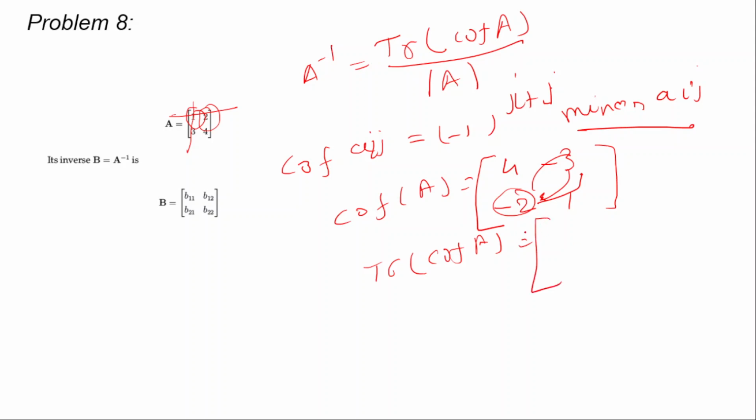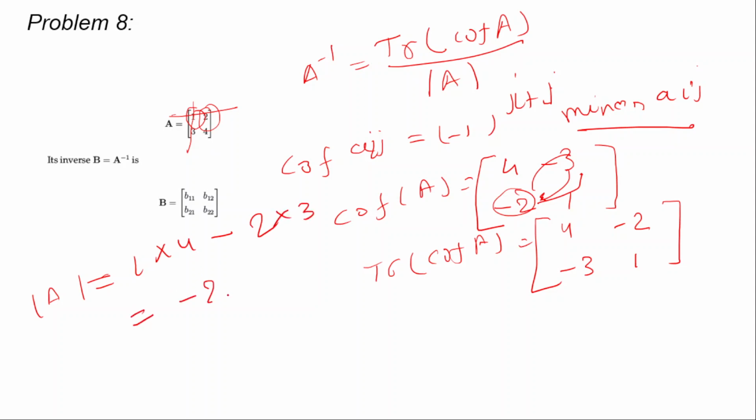So now if we take the transpose, this will become 4, -3, -2, 1. Okay, now let's calculate the determinant of A. For a 2 by 2 matrix, A will be 1 into 4 minus 2 into 3, which will be equal to -2.